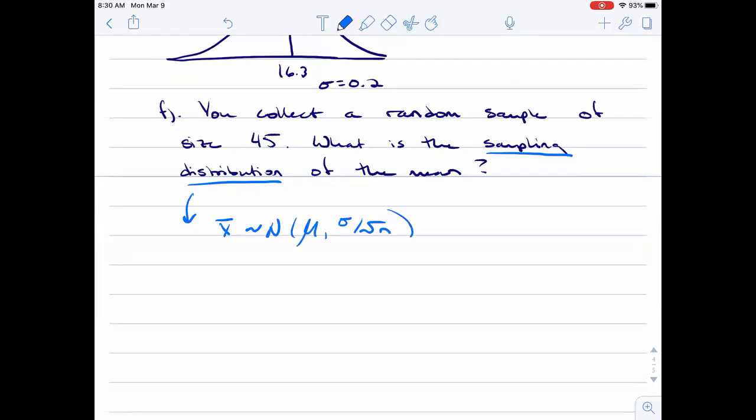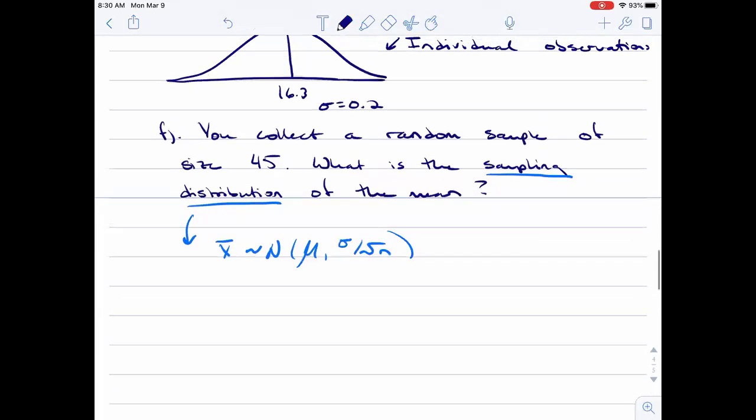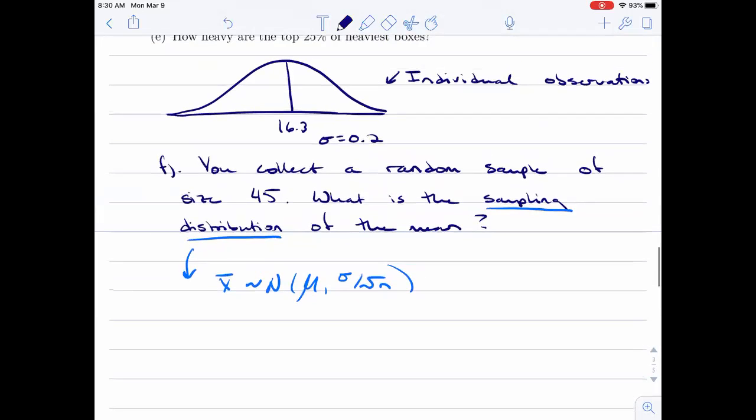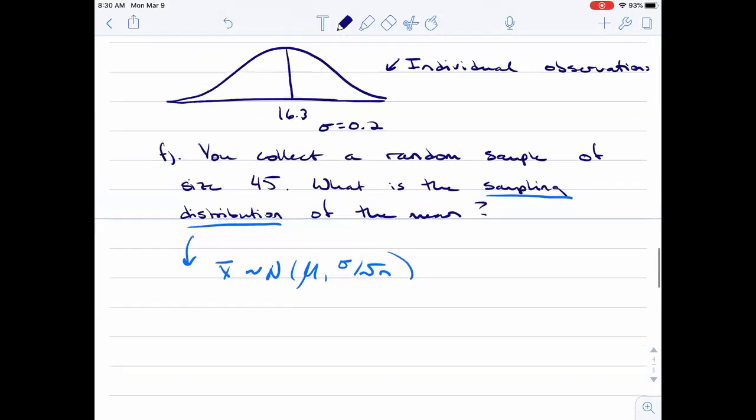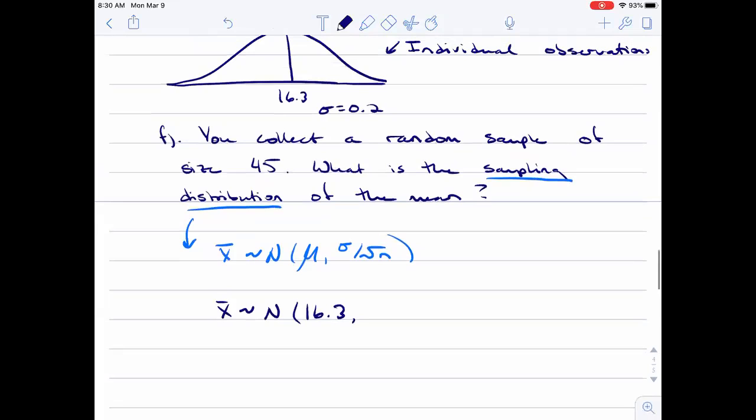So all we need to do is plug in the appropriate values. The only things that we know and need to know are mu, sigma, and n. And so to answer this question we would say X bar follows a normal distribution still centered on 16.3, right? Because that's the center for all the individual boxes.